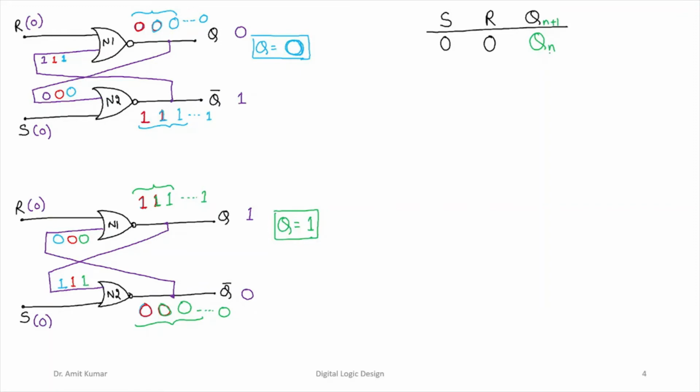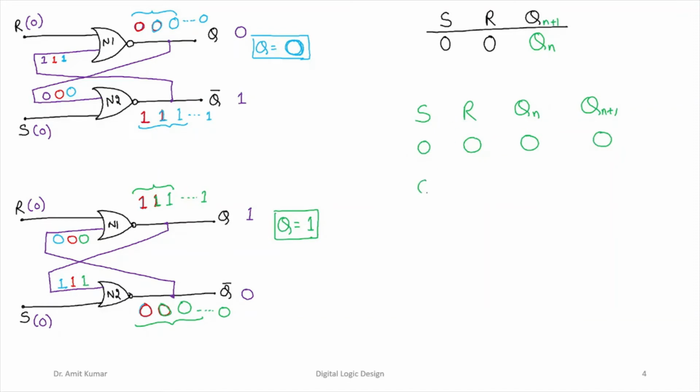If previously it is a 0, then if S is a 0, R is a 0, and before the application of these inputs the output is containing a value 0, then after the application of these inputs the output will be retaining that same value, that is 0.